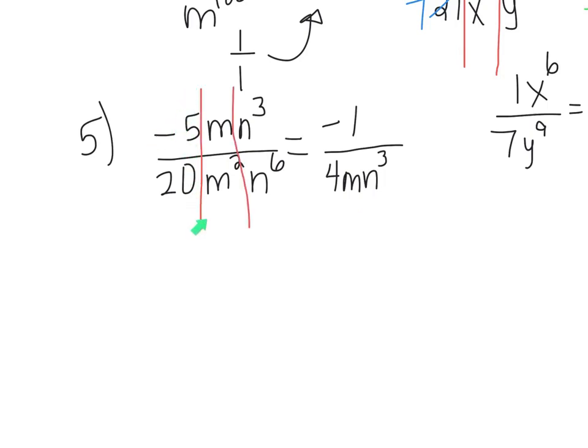So again, splitting this apart into the different parts, the 5 over 20 can reduce by 5. And here we will subtract 2 minus 1, leaving us with m in the denominator.